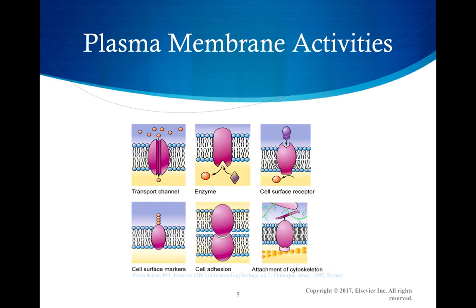These receptor proteins are utilized in a multitude of processes, such as transport channels, surface markers, cell adhesion, but you just need to know that those plasma proteins that are on the outside cell layer are important for cellular communication in different cellular processes.